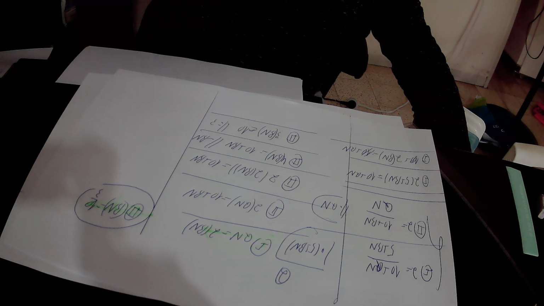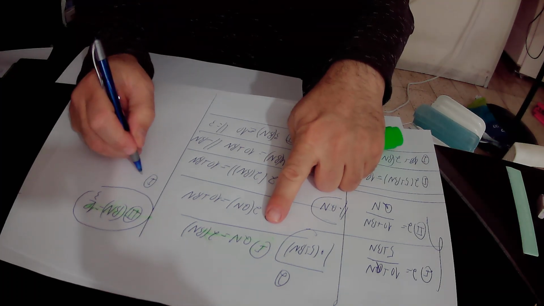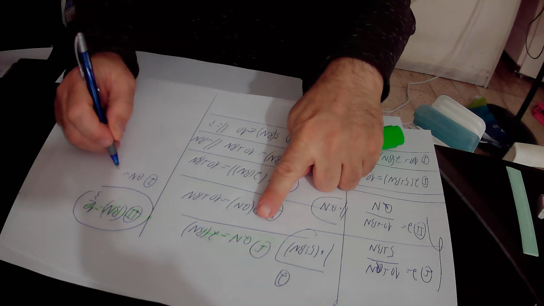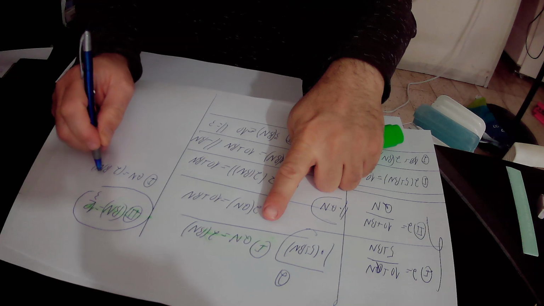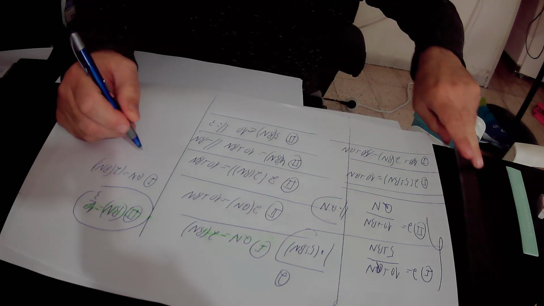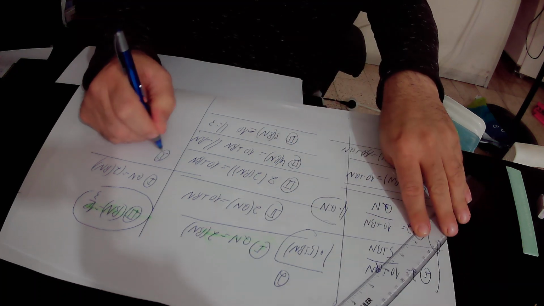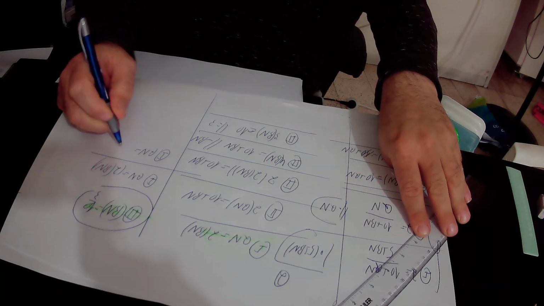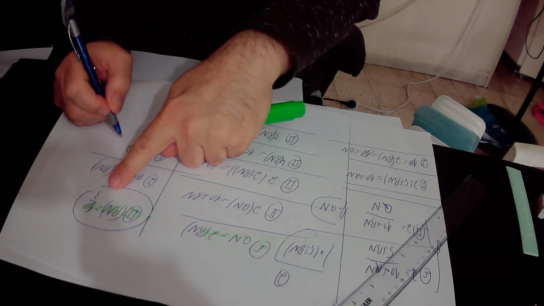According to equation number 1, we have already found out that QN equals 2 times BN. So QN equals 2 times BN, and BN is 10 over 3.